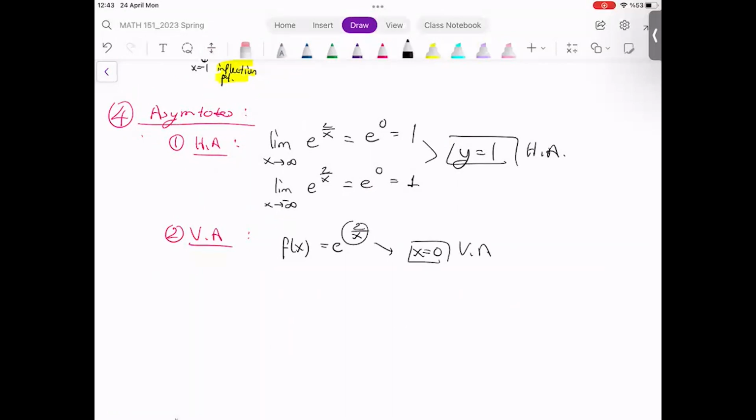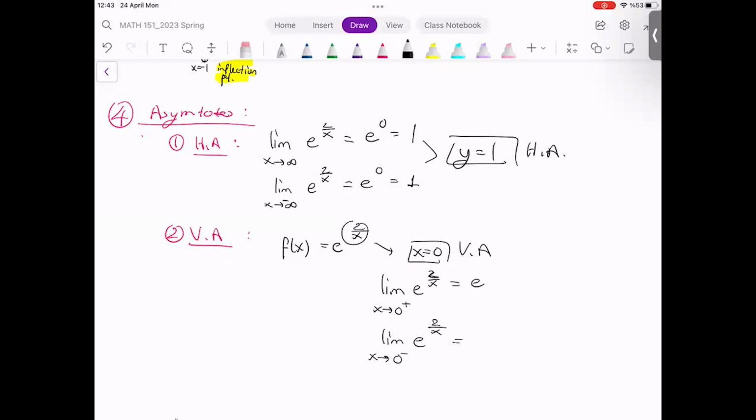So this is a candidate. Why am I saying candidate? You should look at the limits around these points. You have to understand the behavior of your function around 0. You cannot pass to the next step without computing these limits. Please don't forget to cover these limits.